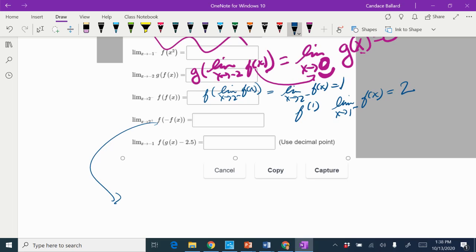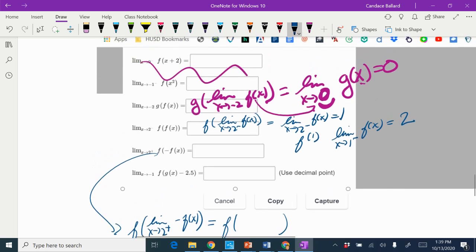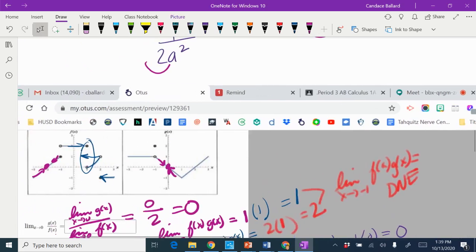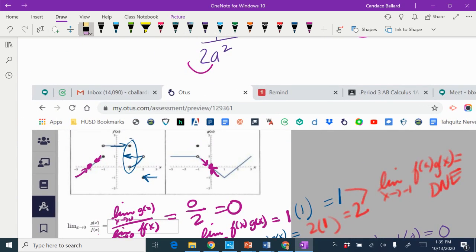This next one here, we're going to look at the limit as x approaches 2 from the right of -f of x. So that is meaning the limit as we're approaching 2 from the right. Okay. So 2 from the right is here, which is -1.